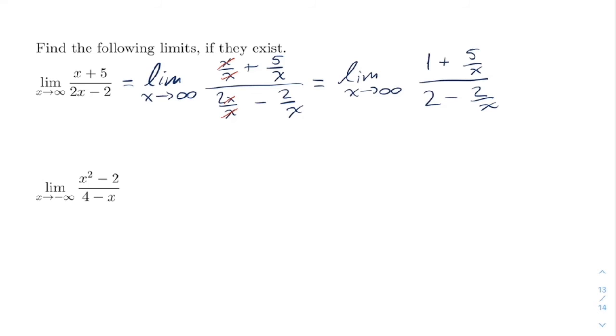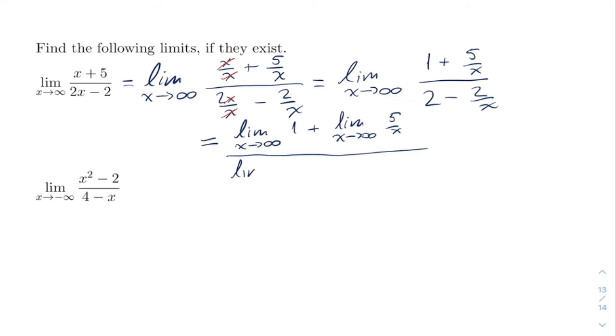So let's put all of that together, and by using properties of the limit, this equals the limit of 1 plus the limit of 5 over x, divided by the limit of 2 minus the limit of 2 over x.